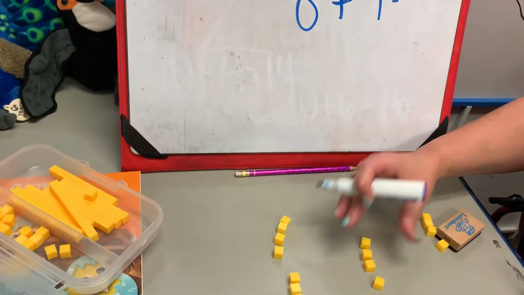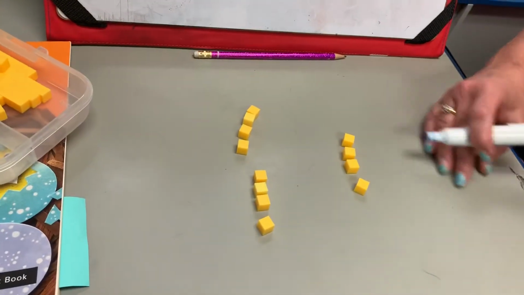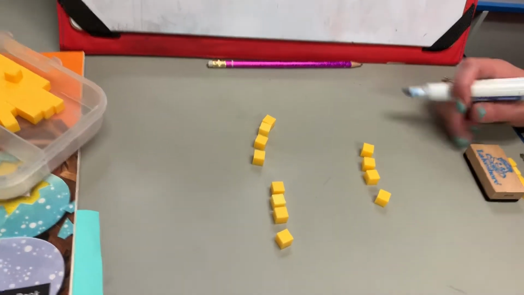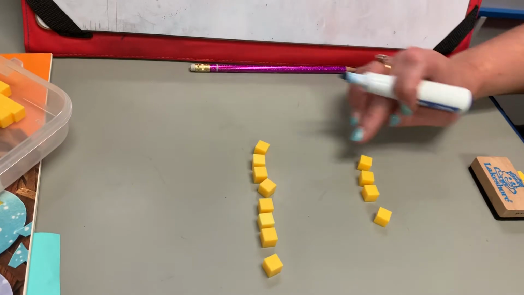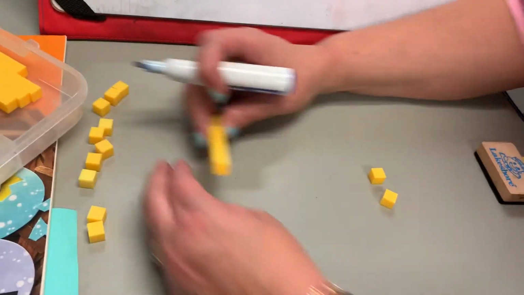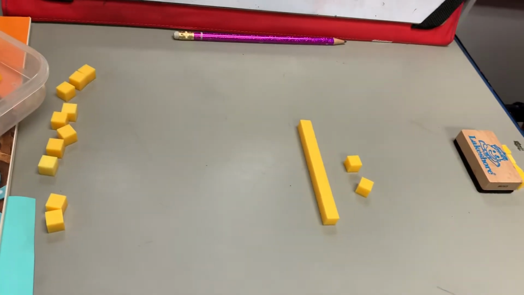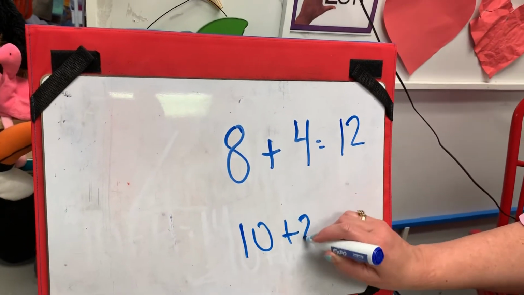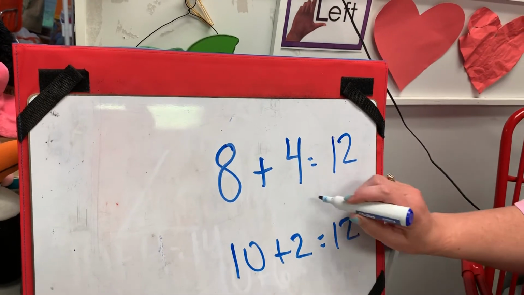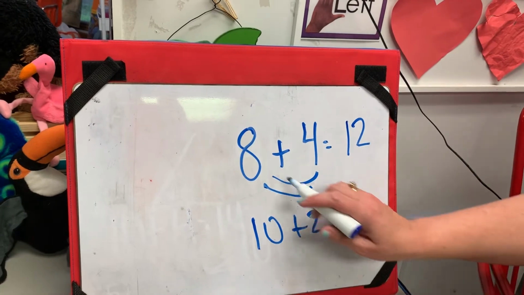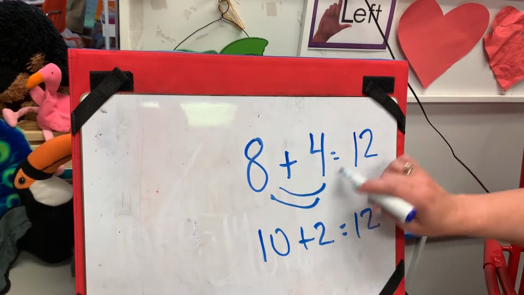We want to make 10 again to make this easier to add instead of having to count all of these. So I'm going to say 8, 9, 10. I made that a 10. So what is 8 plus 4? 12, because 10 plus 2 equals 12, because we moved 2 over to make the 8 a 10 and had 2 left over.